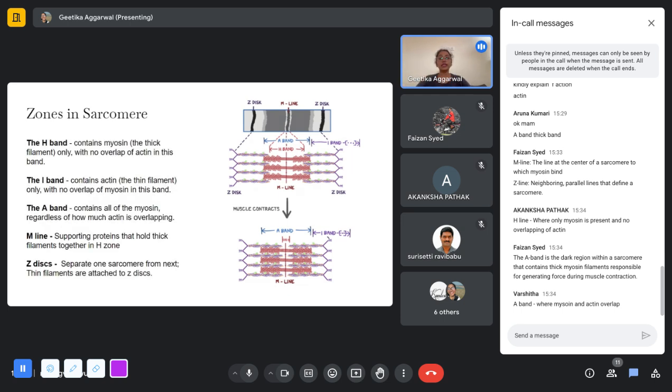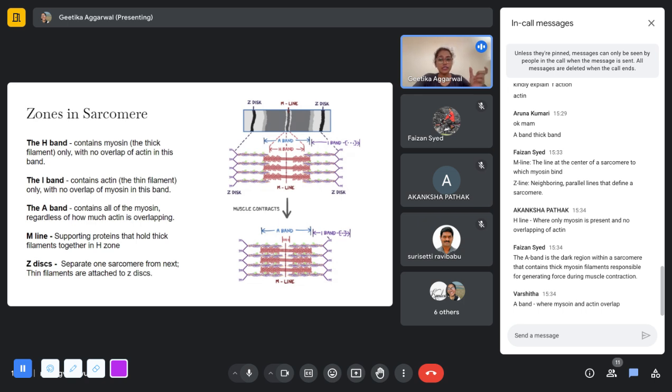So basically, as you said, the H band is the area that contains myosin and only myosin. There is no overlap with actin in this zone. But the A band contains all of the myosin and there is overlap with actin as well. That is included within the A band. The I band is the one that contains only actin and there is no overlap with myosin in this area.